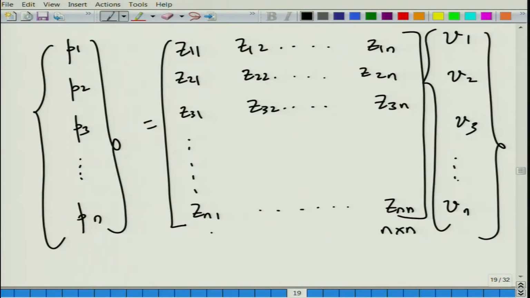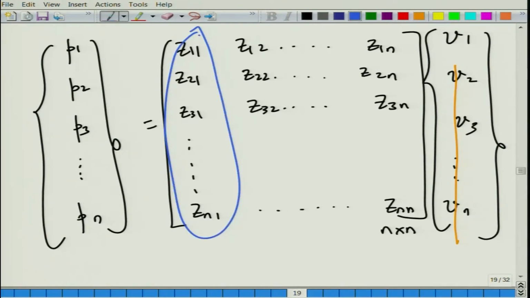So, like this, if all the other ports are blocked and there is excitation only at the first port, you will get the first column. Similarly, if you block the second port, excite at the second port and block ports 1 and 3 to n, you will get the second column. Like this you could traverse the entire matrix and characterize the system using the n cross n matrix.